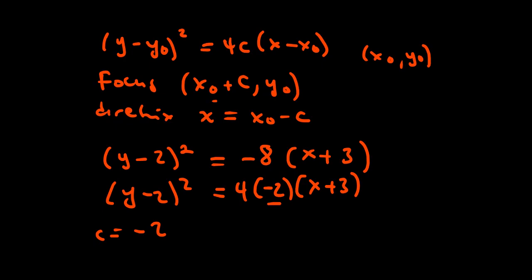Let's identify our vertex. When I equate y minus 2 to 0, I get y equal to 2. So my y coordinate here will be 2. Then for my x coordinate, x plus 3 equal to 0 gives me, taking the additive inverse of 3, negative 3.